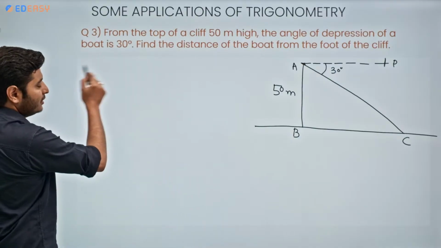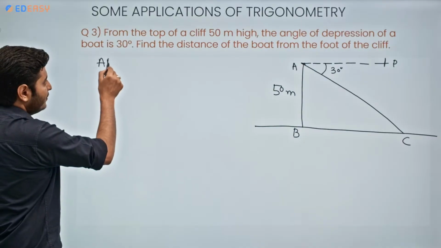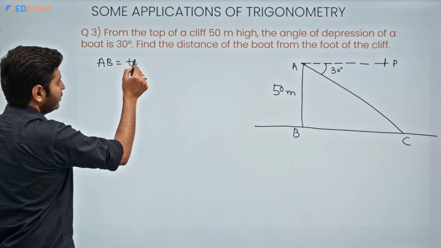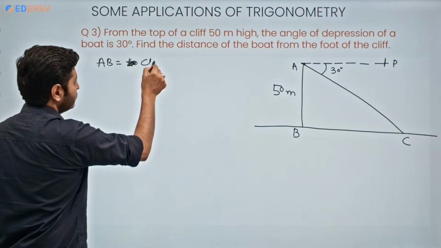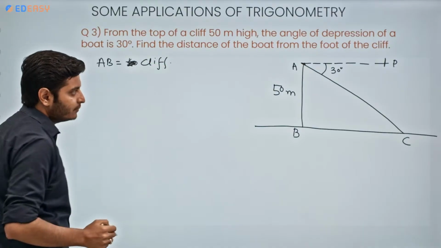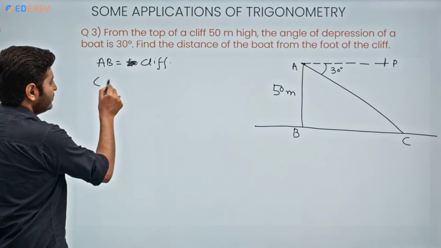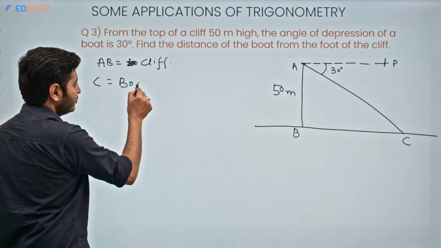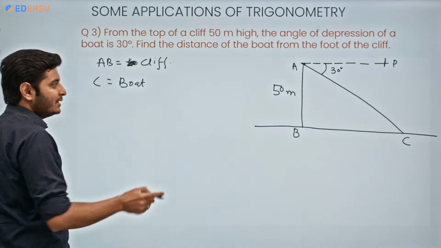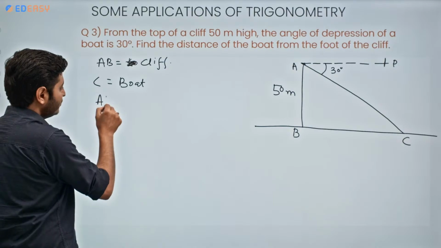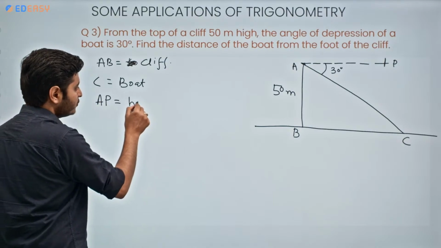First, you are going to define everything. AB is representing the cliff. Then C is the point where the boat is. Then AP is the horizontal level.